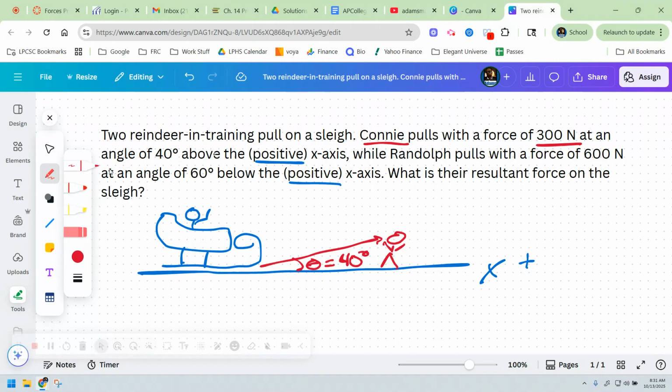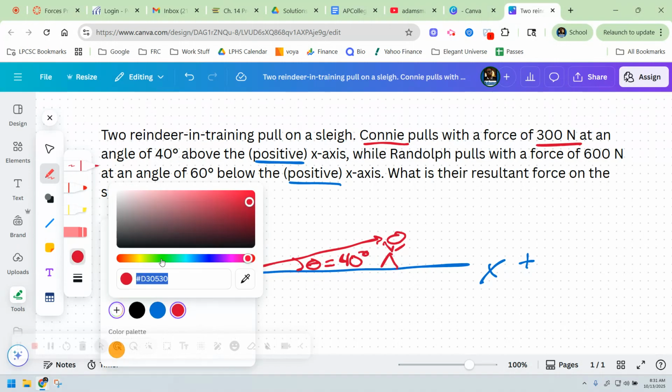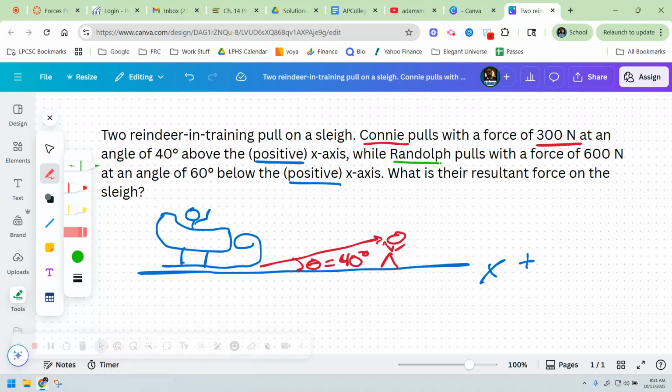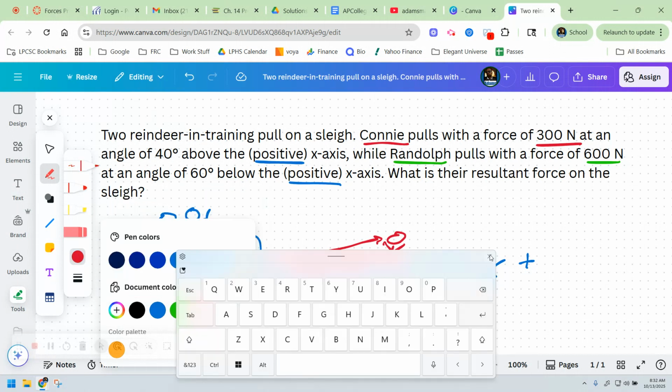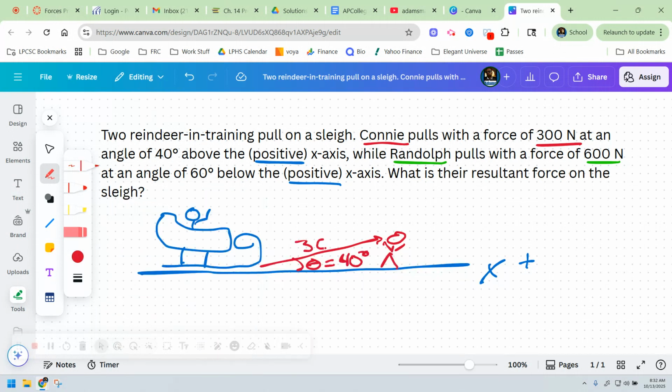And then we will make the other one green. Then we have Randolph, who does 600 newtons. Oh, wait, I forgot to label this. Let's label her force. So she's doing 300 newtons.